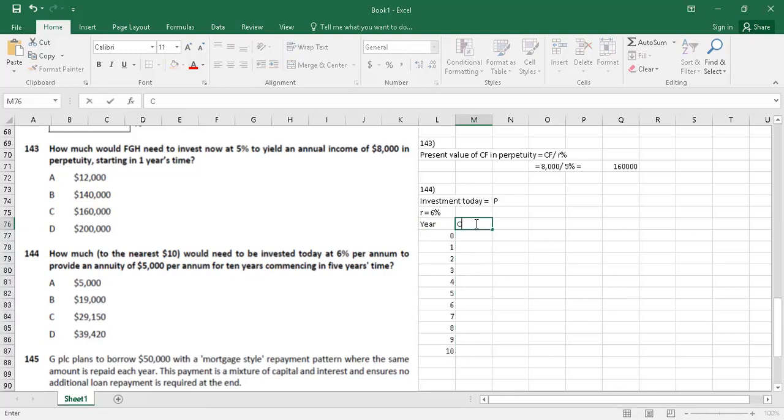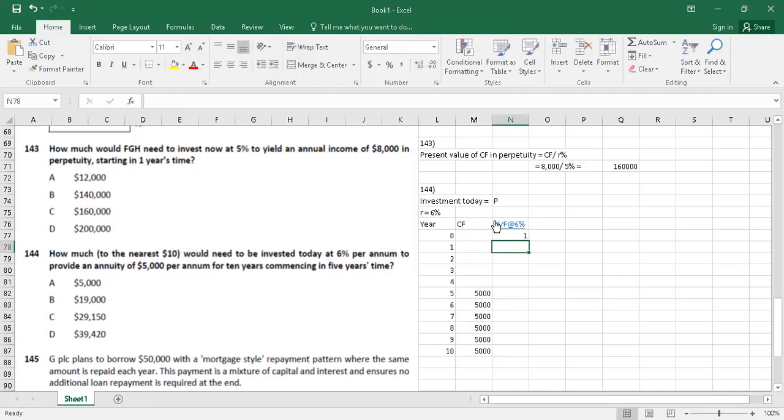Then cash flows in the 0 year, we do not know what, but the cash flows are expected to be earned from the 5th year, which is 5,000. This will go on till the 10th year. Okay. The rate is 6%, so PV factor at 6%.